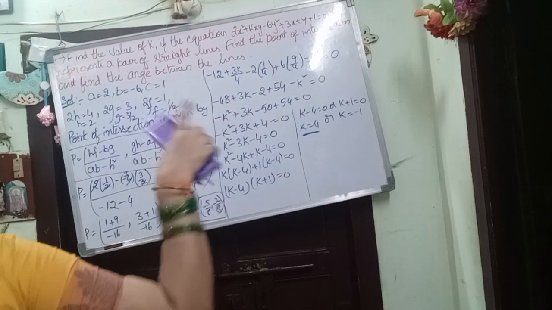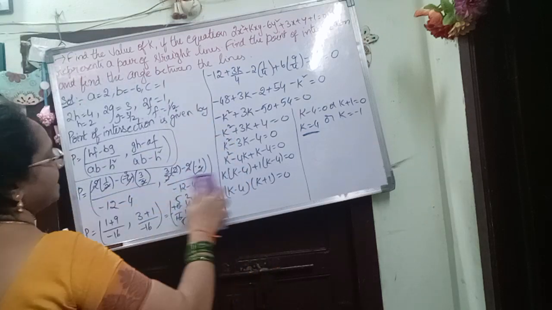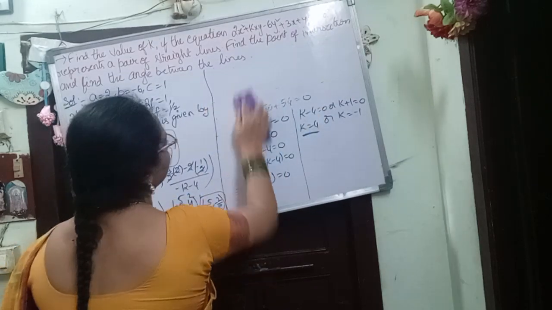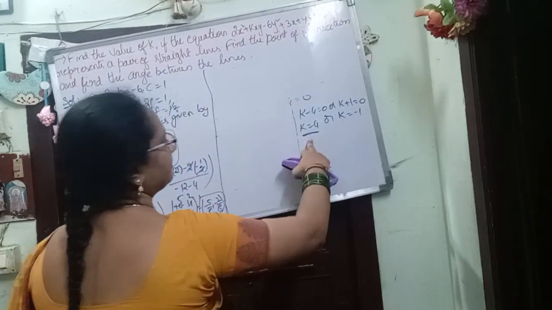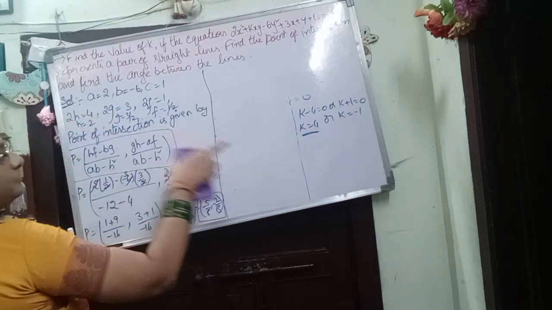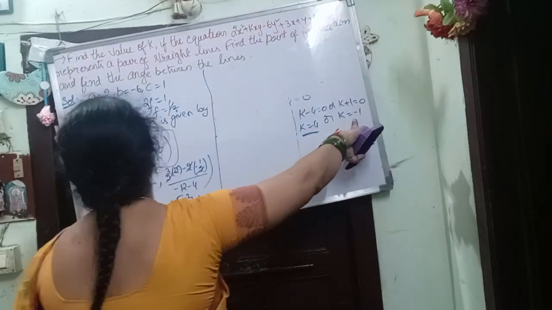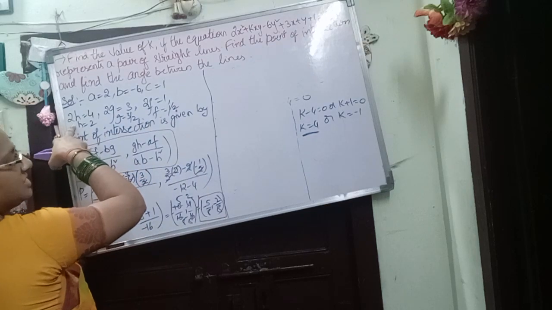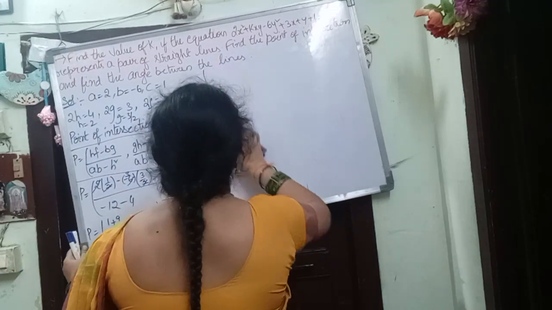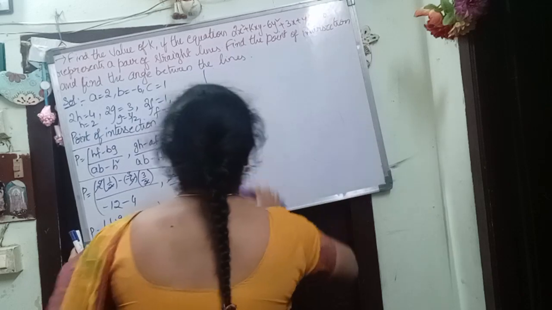Now we have to substitute minus 1 again. Here we got K equal to 4, that means 2H equals 4. Now K equal to minus 1, so 2H equals minus 1. That we have to substitute and find the point of intersection.